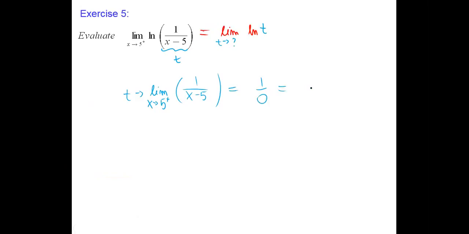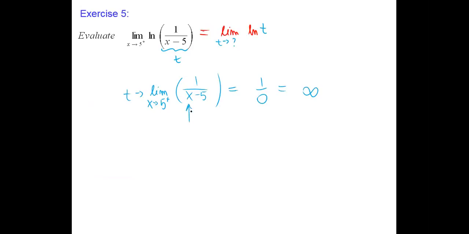It's 1 over 0. 1 over small is big, but we still have to investigate the sign, positive infinity or negative infinity. Of course, that's not really proper notation, but I always put 0 as a big shortcut for the small number, because 0 in the denominator doesn't look good. But we know that it's not really 0.